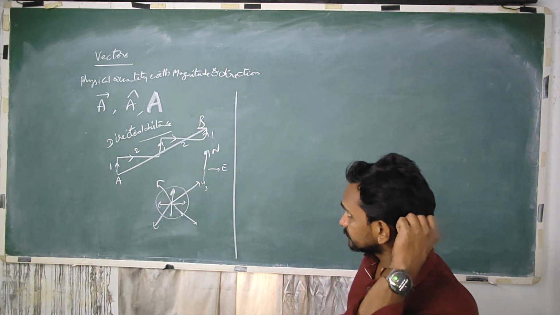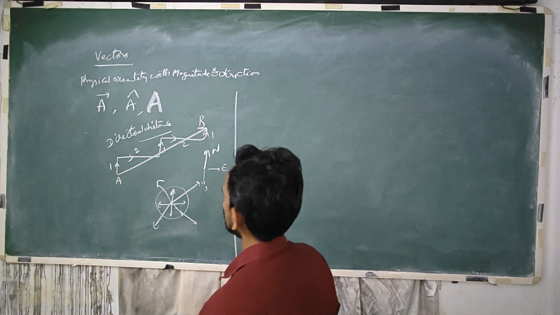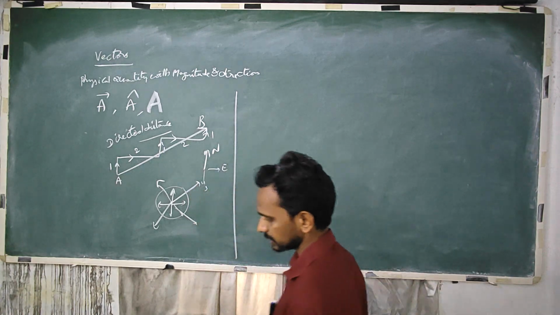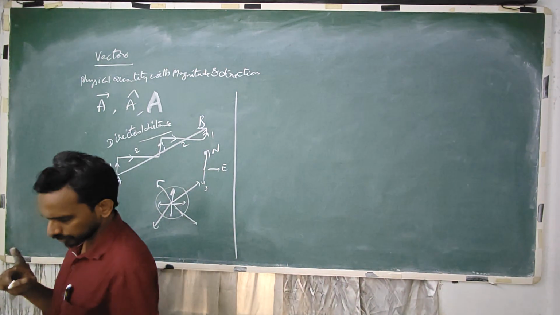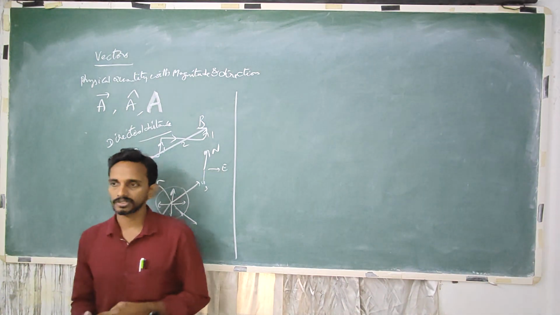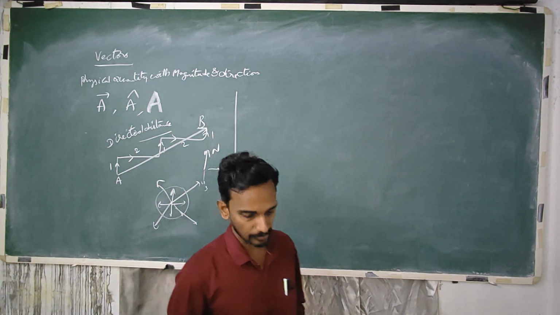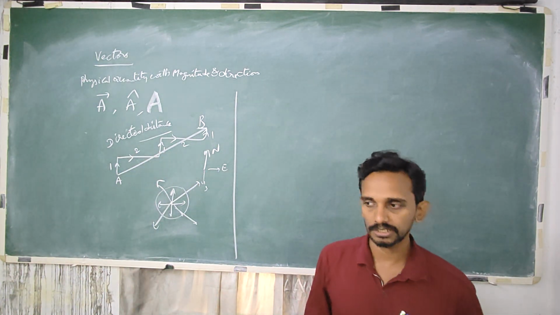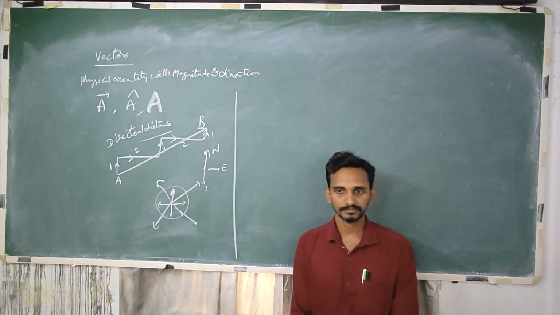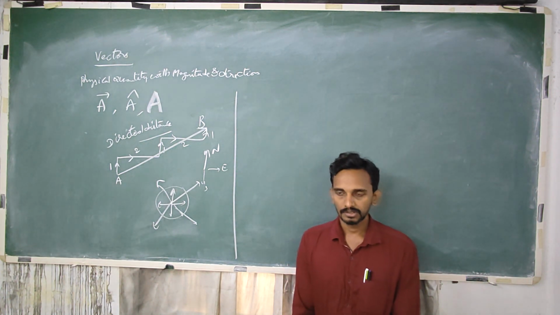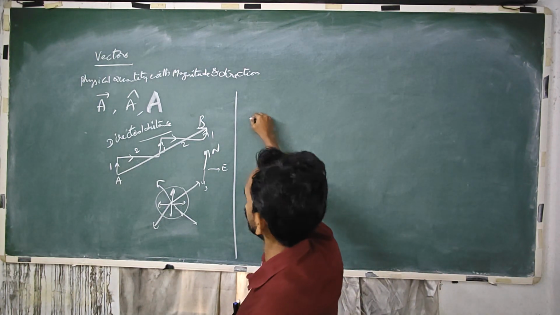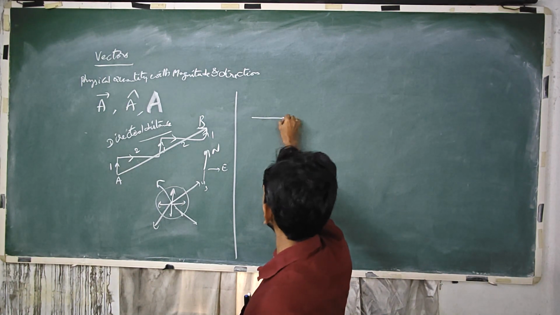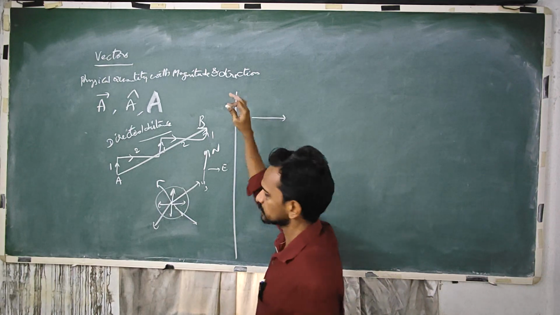Okay. So now coming to the vector, the basic definition of a vector is that as long as you keep the direction and magnitude of the vector, you can shift the vector to anywhere. That is most useful while doing any calculations using vectors.